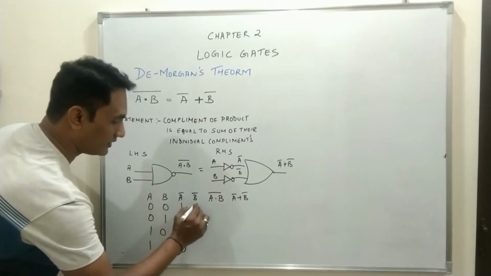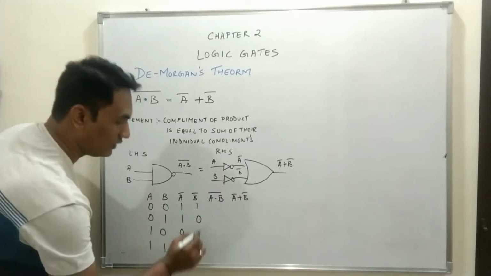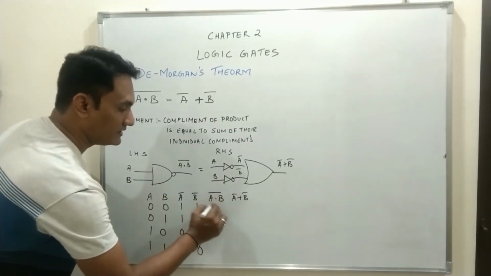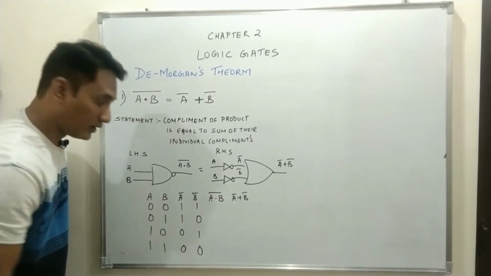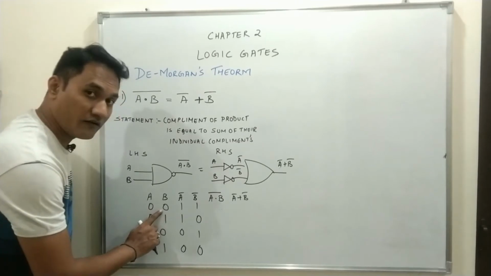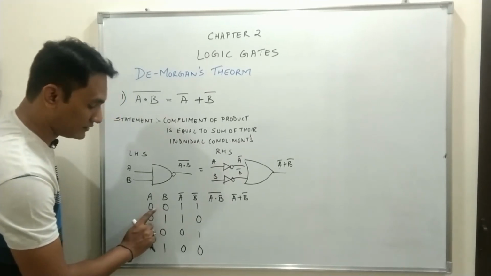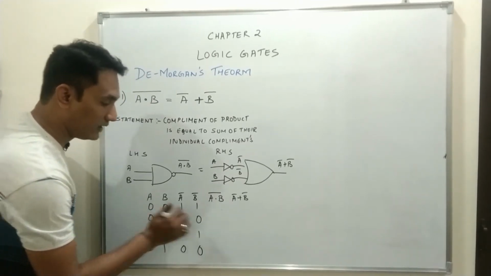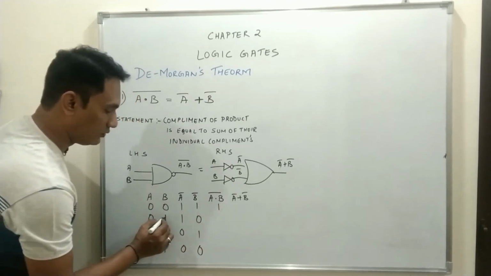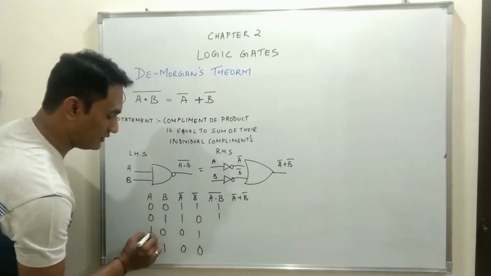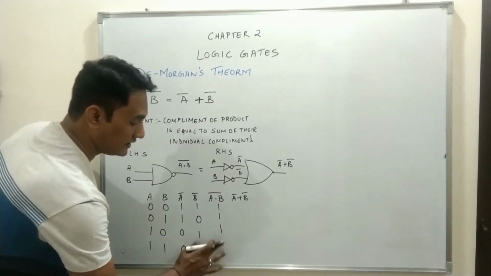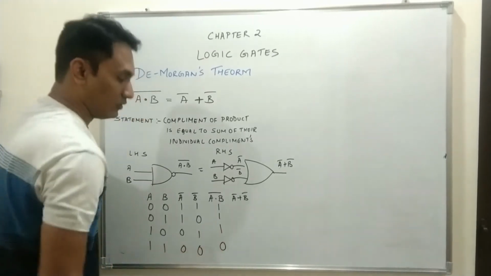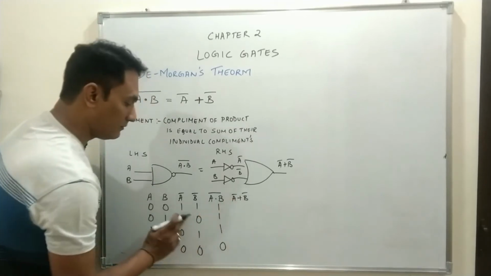B bar is the complement of B: 1 0 1 0. (A dot B) whole bar means between A and B you apply NAND logic. What is NAND logic? Complement of AND: multiply and complement. So 0 into 0 is 0, inverse 1; 0 into 1 is 0, inverse 1; 1 into 0 is 0, inverse 1; 1 into 1 is 1, inverse 0.